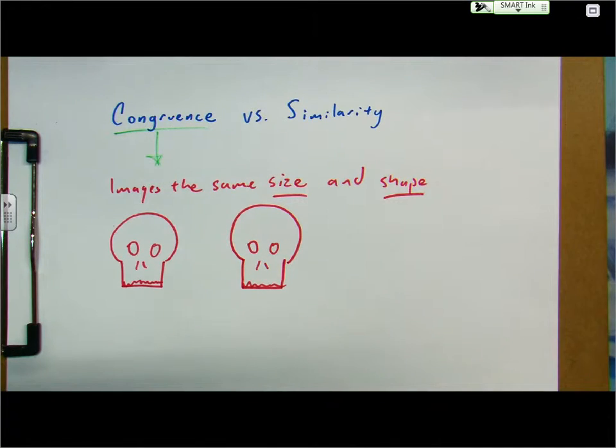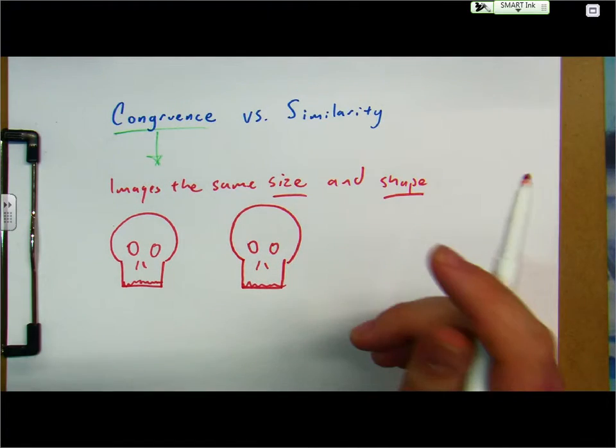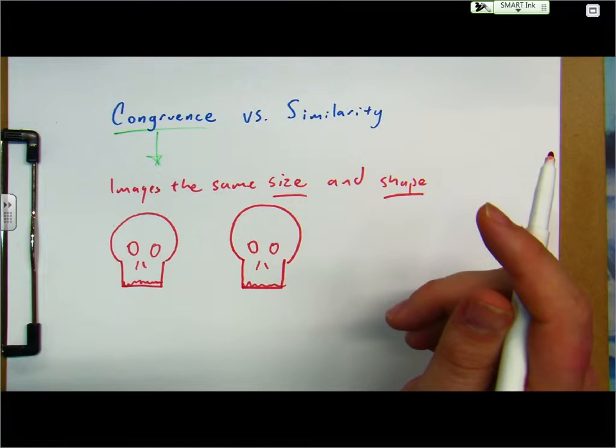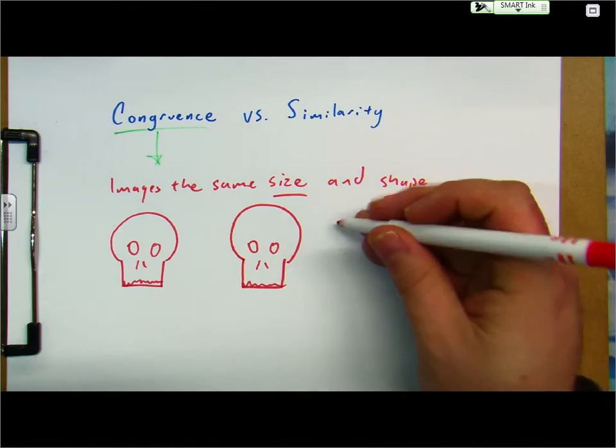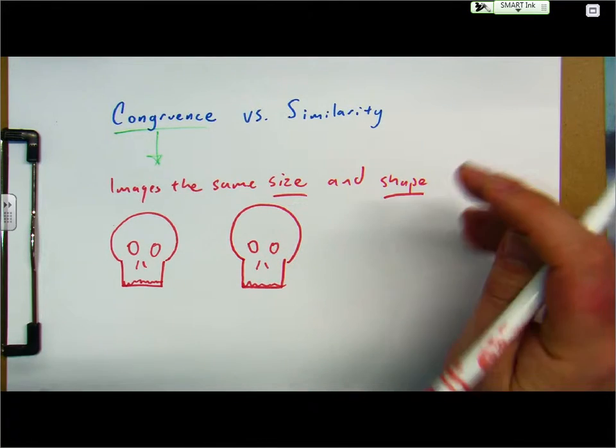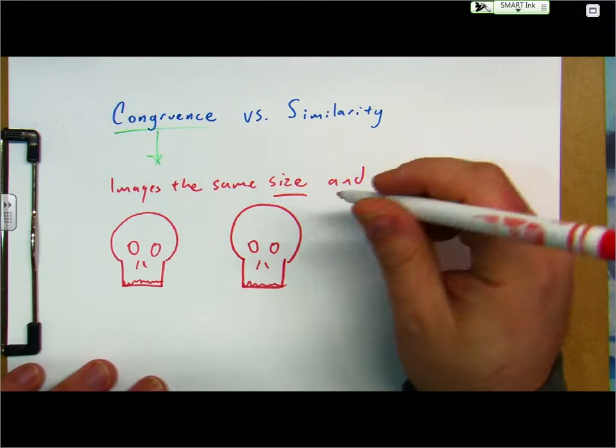We would say that these were congruent. Same size, same shape, we would say that these were congruent.